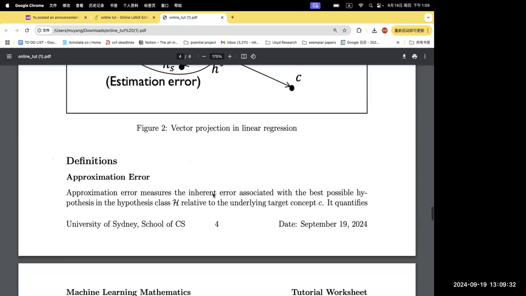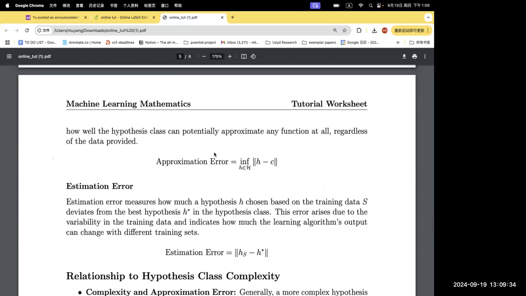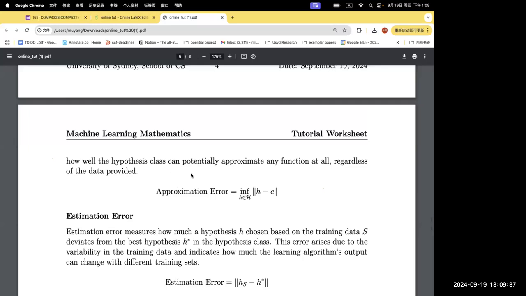And this is a more formal definition of the approximation error. It is the infimum of the distance between any arbitrary hypothesis and the target concept. We know that the hypothesis within the predefined hypothesis class that has the smallest distance to the target concept is the optimal hypothesis, which we denote as H prime here.